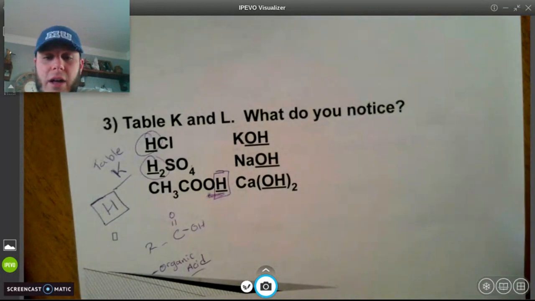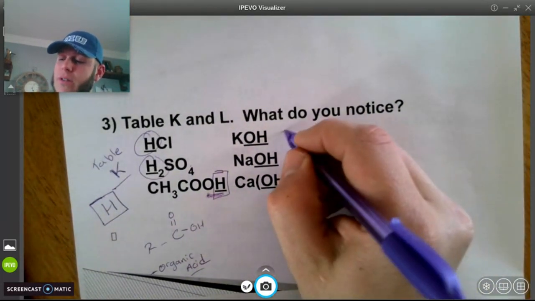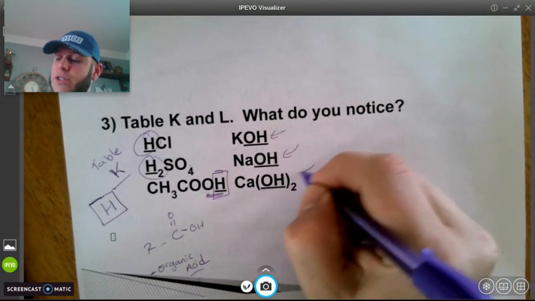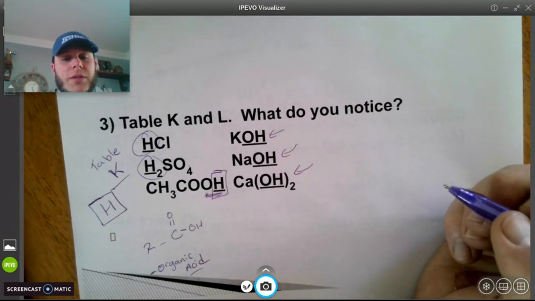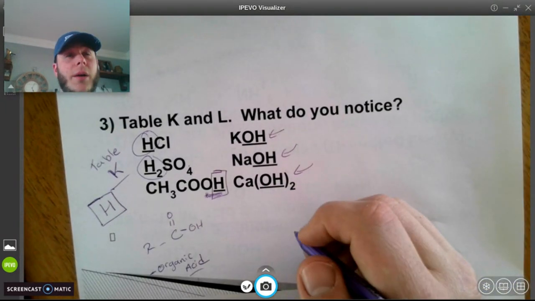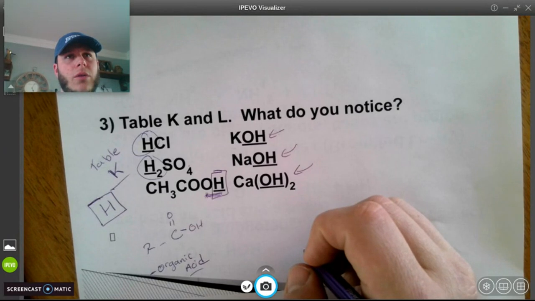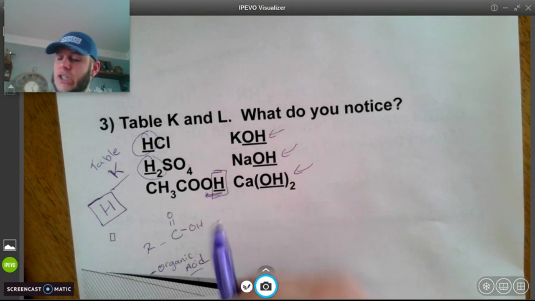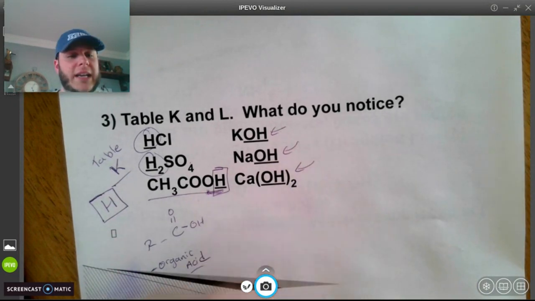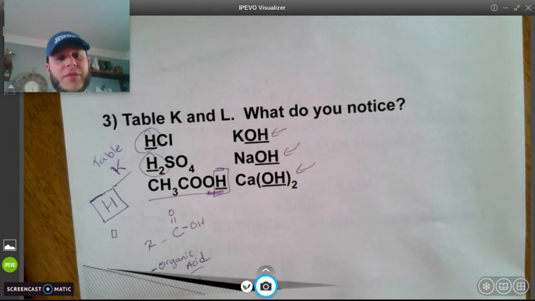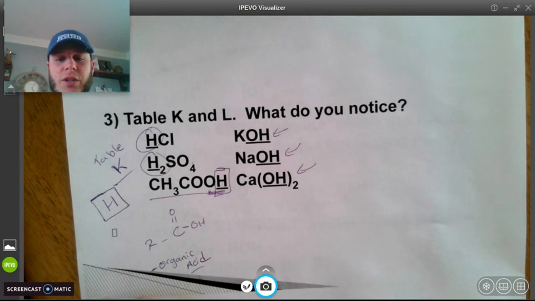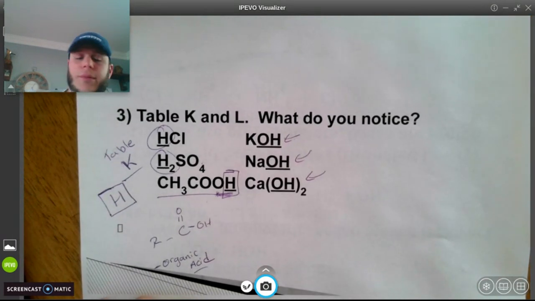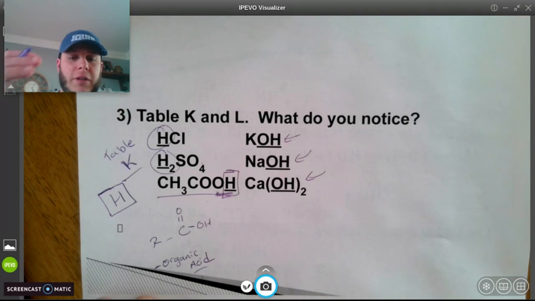If you look at Table L, you notice OH, OH, OH. There's also ammonium or ammonia in there; I can't remember which one it is. Again, I'll explain why this is an organic acid, and why that one at the bottom of the table is considered a base. Tables K and L give you a nice reference for memorizing these definitions.